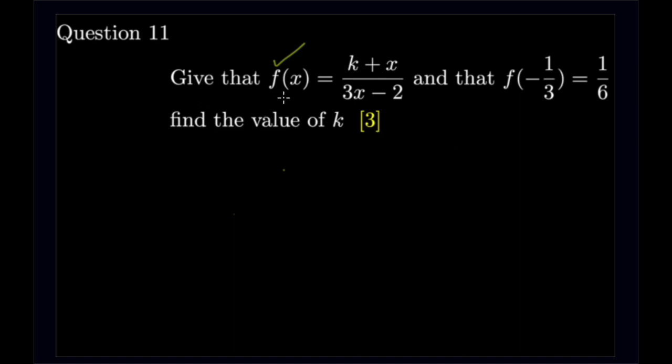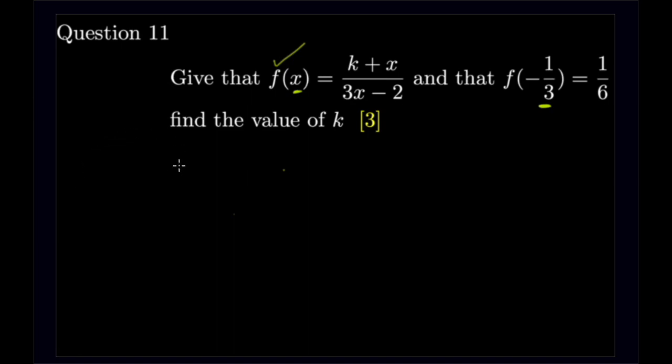Just notice here, this function of x is similar in styling to this. What they did was that in place of x, they substituted minus 1 over 3. So what it basically means is that for this function, if we substitute x equal to minus 1 over 3, we should get 1 over 6.